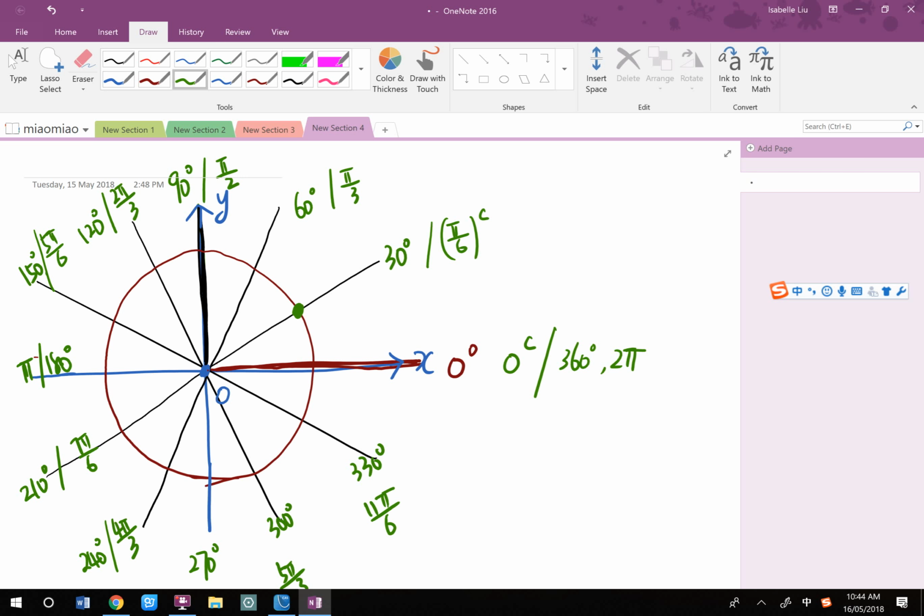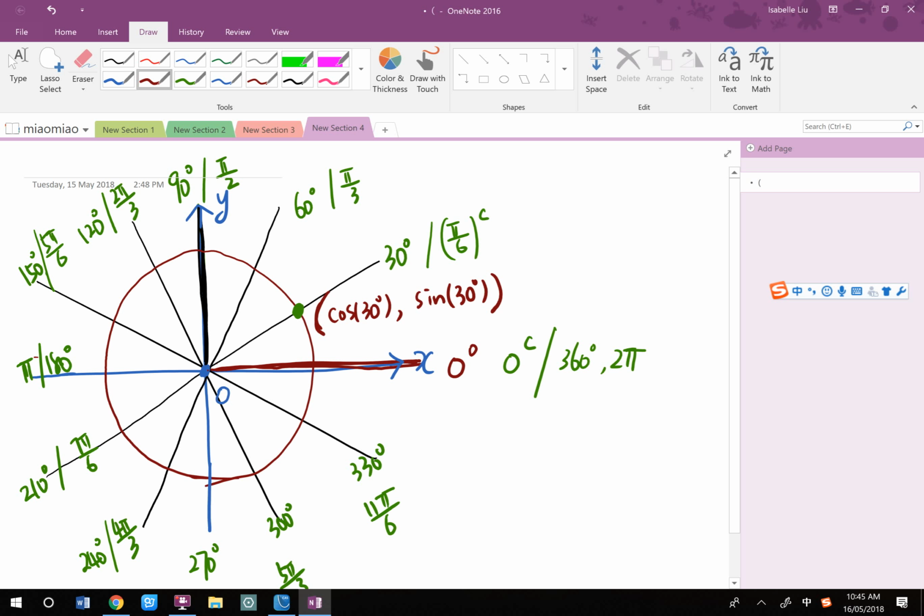So what do the coordinates represent? The coordinates have an x value and a y value. The definition for sine and cosine is: for this coordinate, the x coordinate is the cosine value of this angle, and the y value is the sine value of this angle.